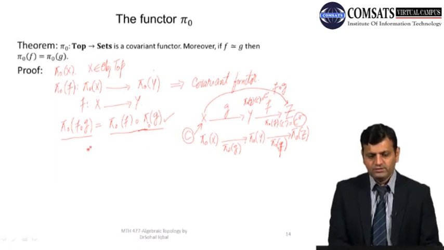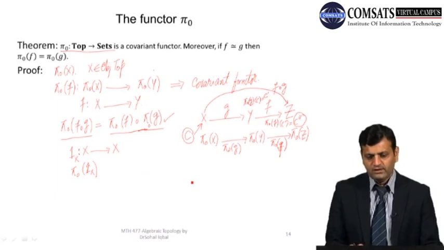Similarly, we can show the property of the functor that it takes identity to identity. For example, if I have an identity map from X to X, this is the identity of X, then pi naught of 1_X takes path connected components of X to itself.